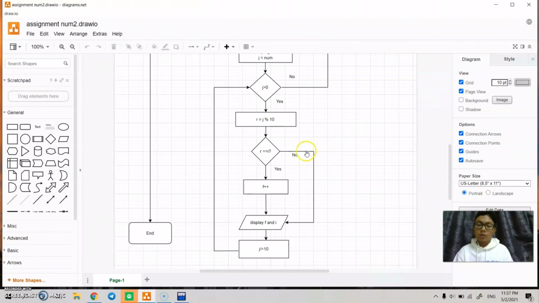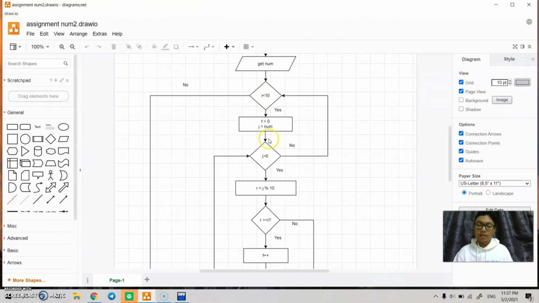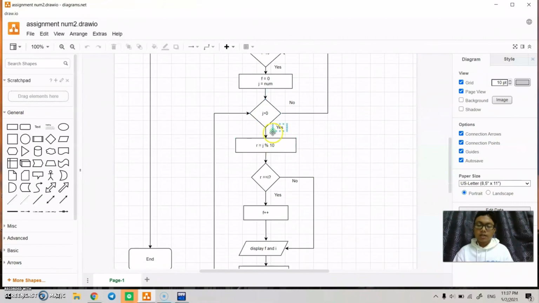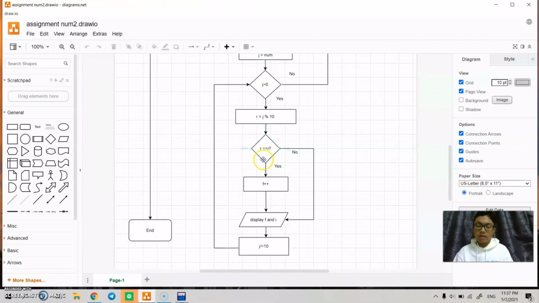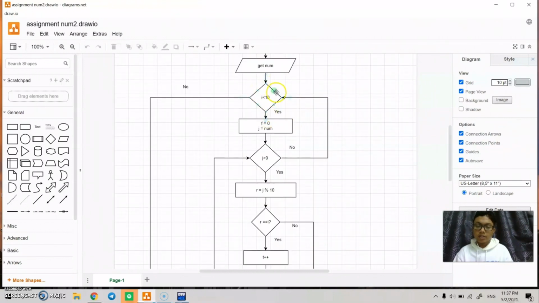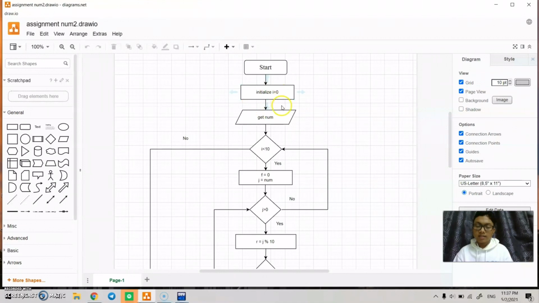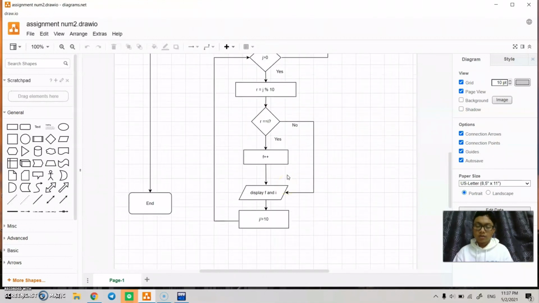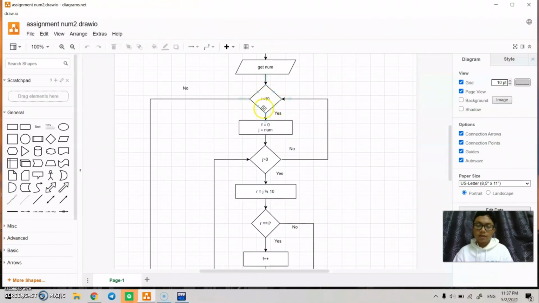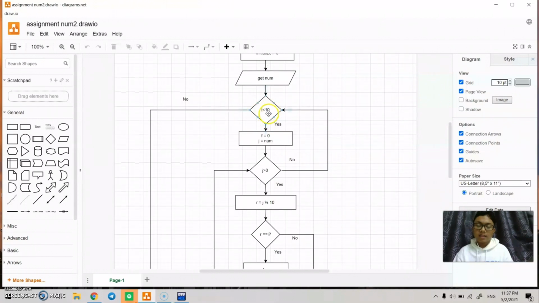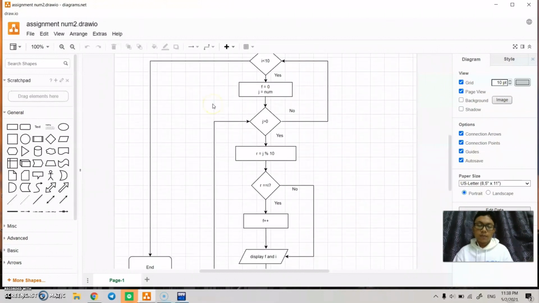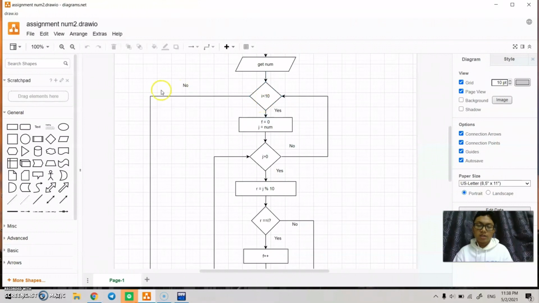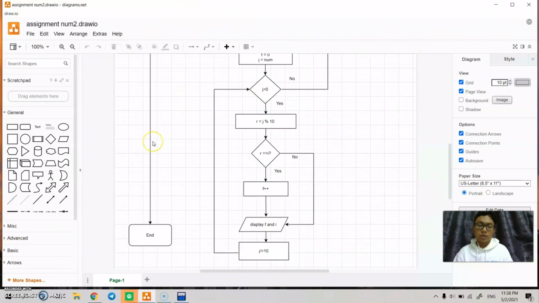Then we repeat the program from here with the same method, where we check whether the 4 is equal to the integer from this initialization or not. If we already checked until 9, then at the 10th integer it will show no, so the program will end.